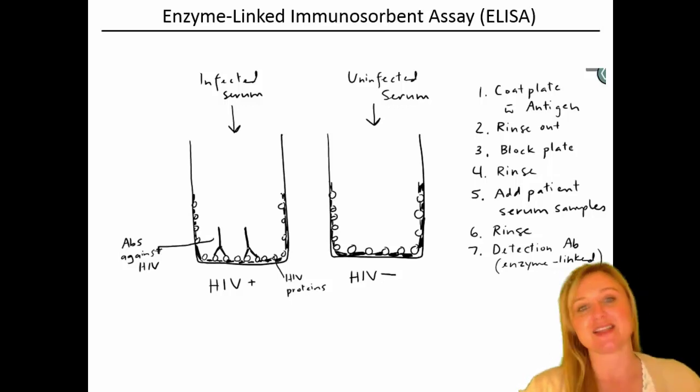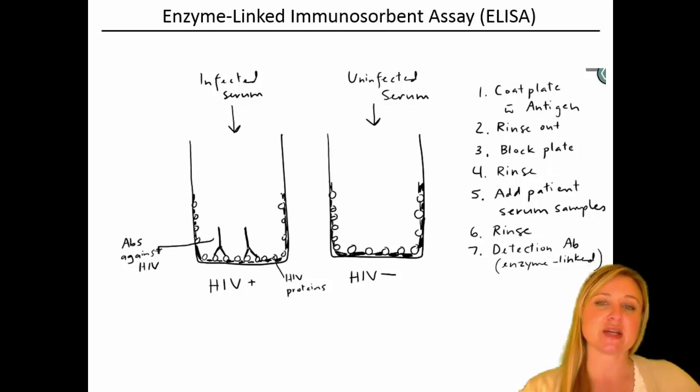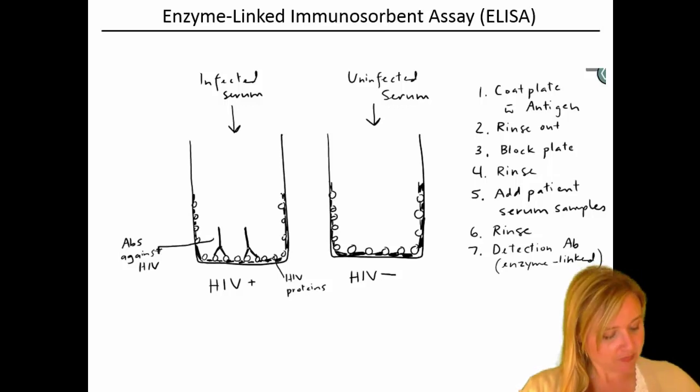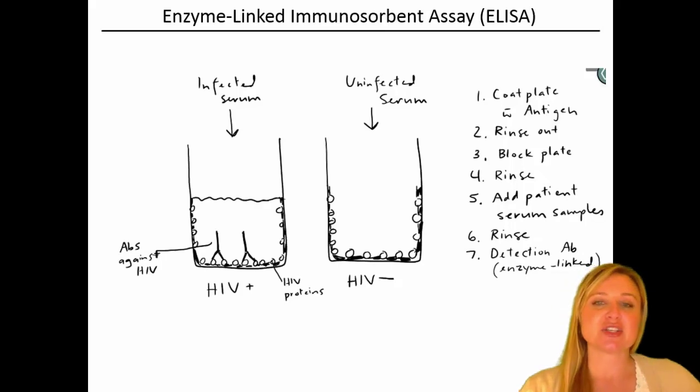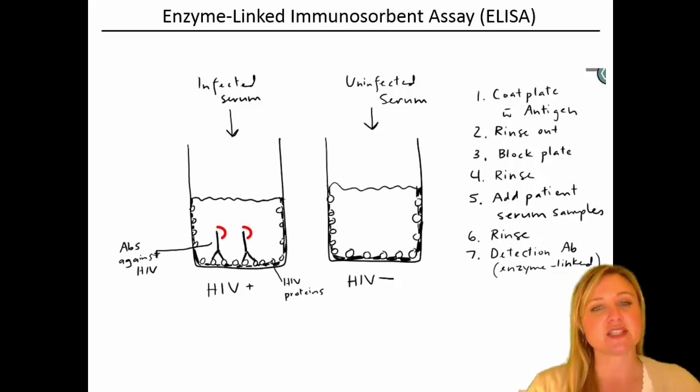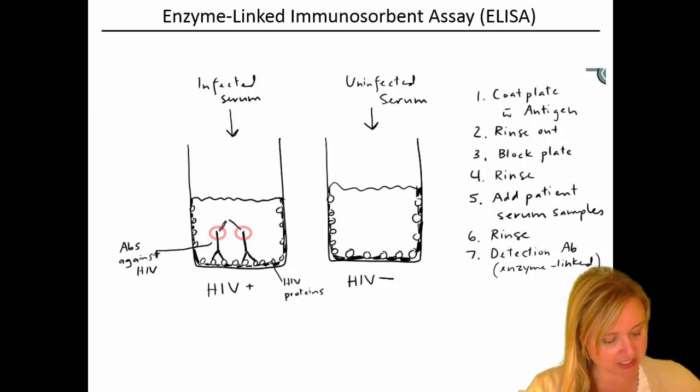One of the last steps is going to use an antibody that is linked to an enzyme. That antibody is actually going to recognize the Fc portion of human antibody. So our detection antibody is going to recognize the Fc portion of the antibody. And remember, it's conjugated to an enzyme.